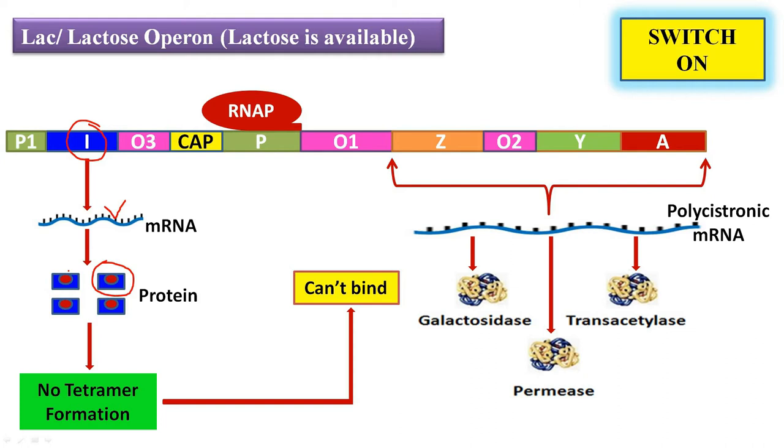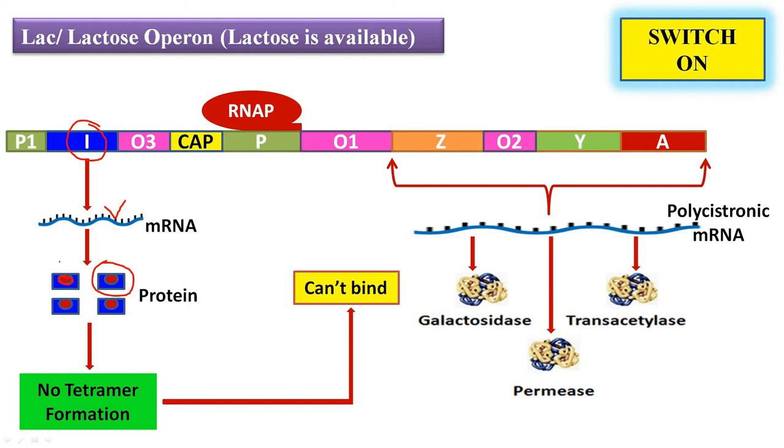Now since lactose is available in the medium, from the lactose its isomer allolactose will be produced. As the repressor protein has a binding site for allolactose, this allolactose will bind to the repressor protein. These red color balls are actually the allolactose, and the blue color boxes are the repressor protein.